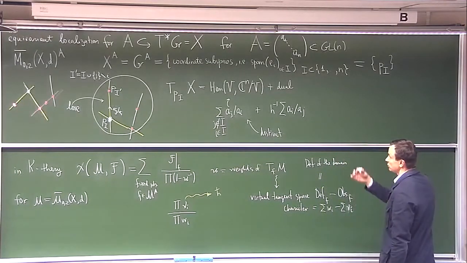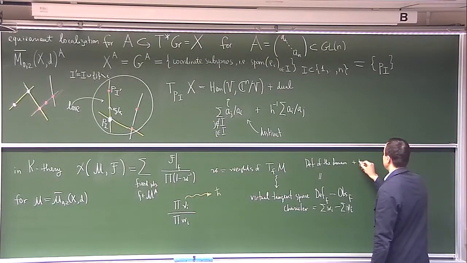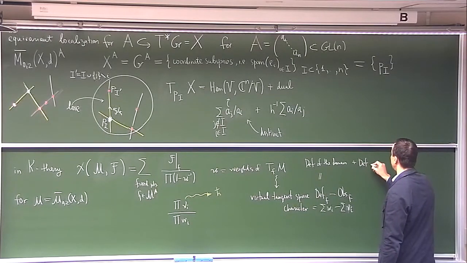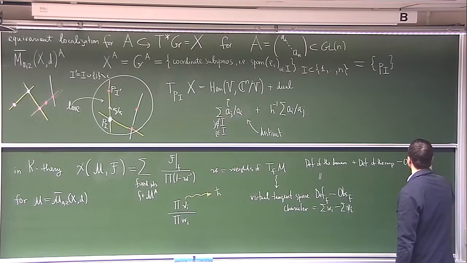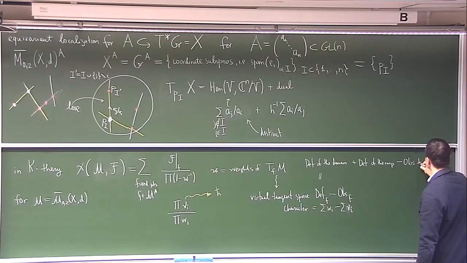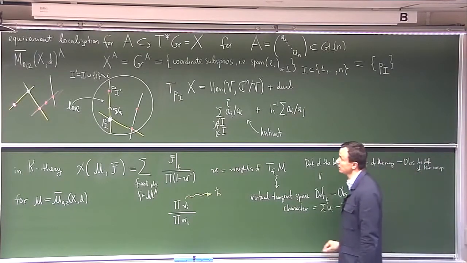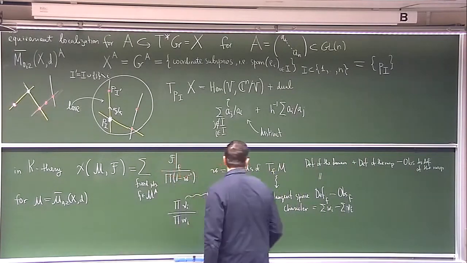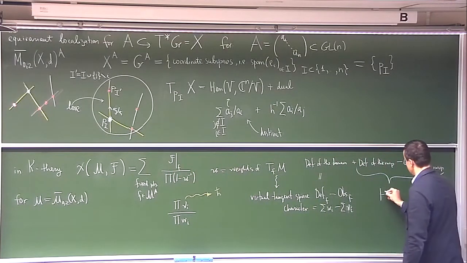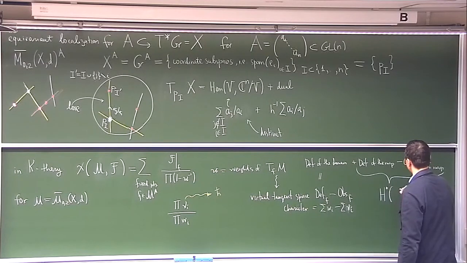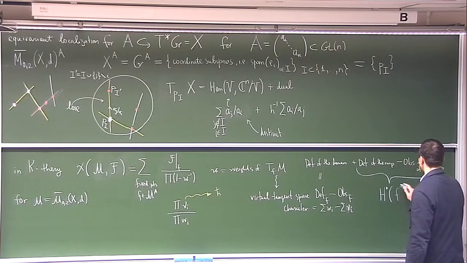There's no obstruction to deforming a domain, plus the deformation of the map, minus the obstructions to deformation of the map. And this part here is the cohomology of the pullback of the tangent bundle.